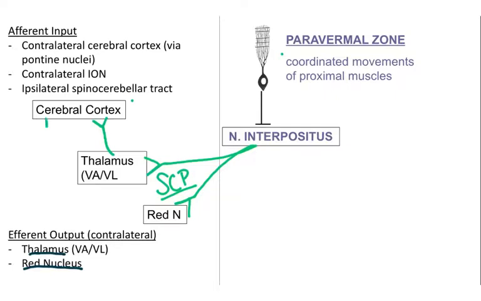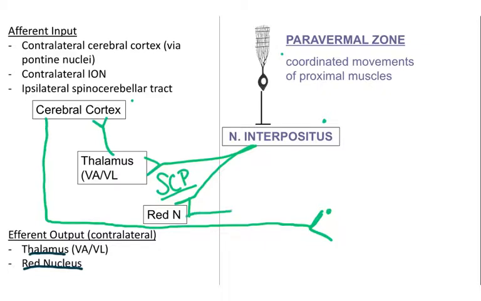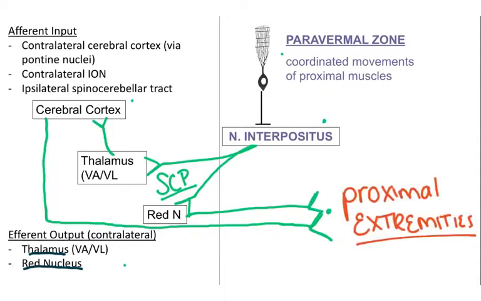And then the cerebral cortex will obviously give rise to the corticospinal tracts that will decussate in the medullary pyramids and end up affecting muscles on the same side as the nucleus interpositus in that paravermal zone, which is how the cerebellum affects the same side of the body. And we know that the same thing will happen for the red nucleus because the rubrospinal tracts decussate in the midbrain.